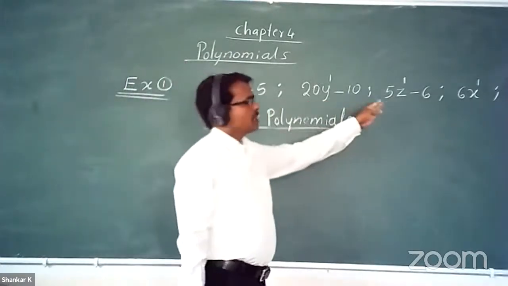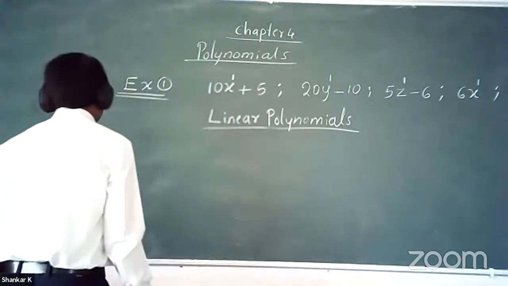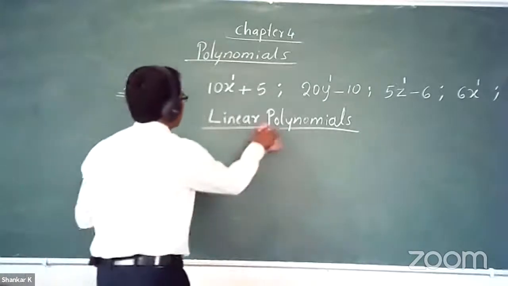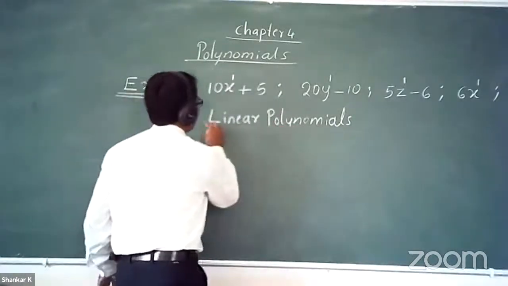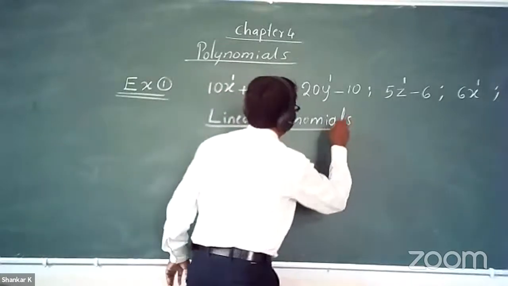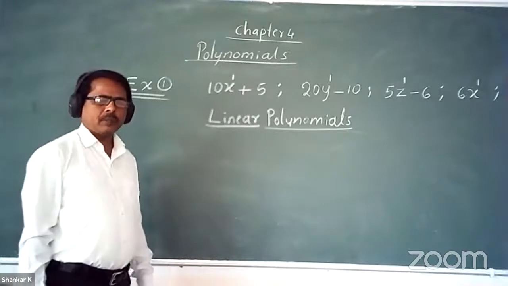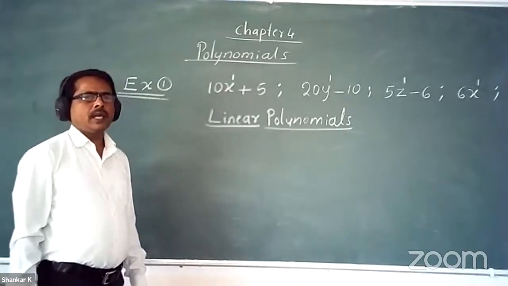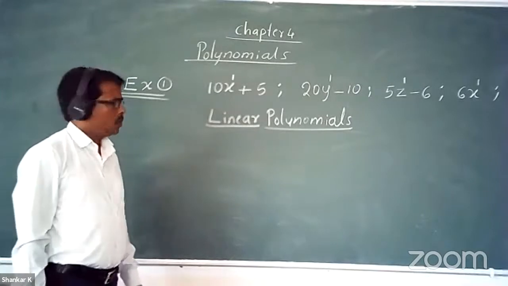This is also linear. These are all linear polynomials. Understanding, students? Yes, sir. The highest power of the variable is known as the degree of the polynomial. If the degree of the polynomial is 1, then it is called a linear polynomial.